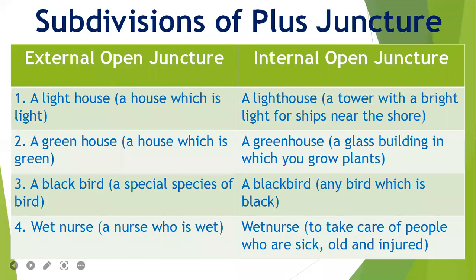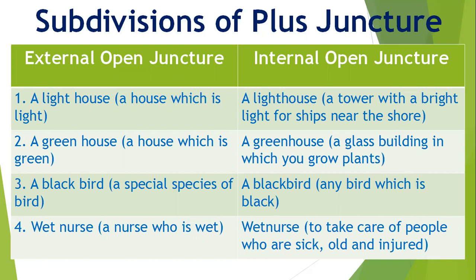So we have here more definitions and more examples for external open juncture and internal open juncture. So we have four. The first phrase, we have a light house. This is a house which is light, meaning a house made with light materials.